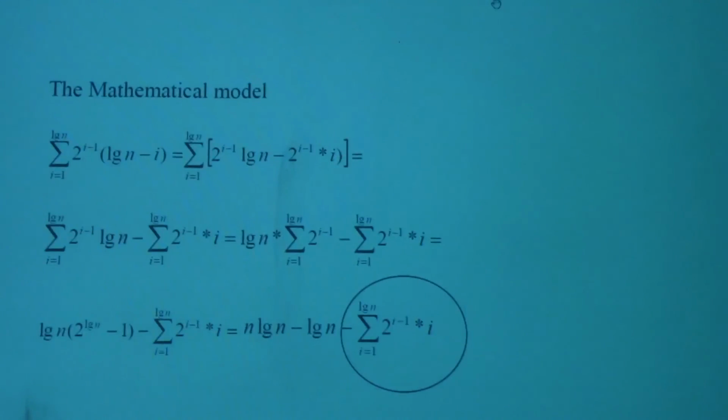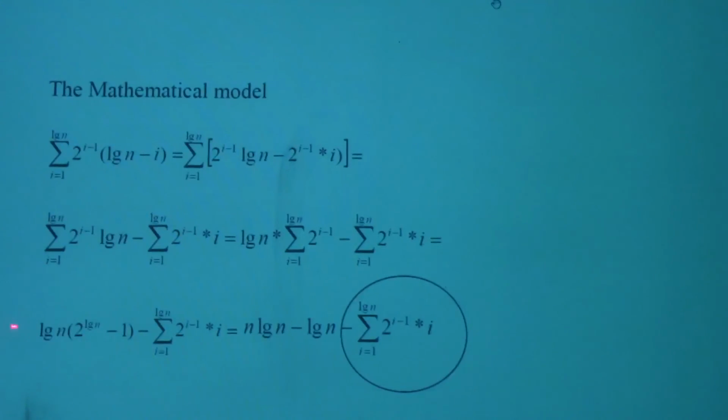So you can see we're going to get some familiar looking summations. We have 2 to the i lg n minus the sum of 2 to the i minus 1 times i, which is i 2 to the i. The lg n is just a constant, because it's not a function of i, so it can come out. So we have lg n times this geometric series, and the other one is very close to i 2 to the i, so it can be solved by our telescoping approach.